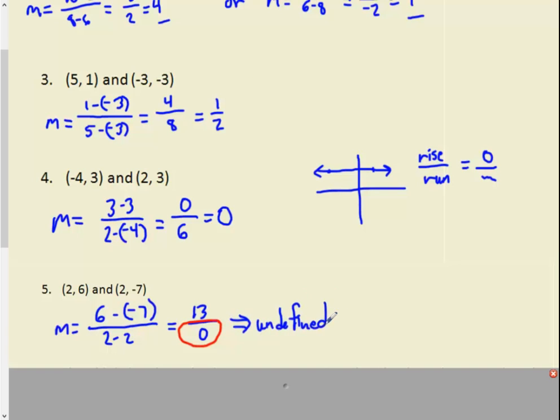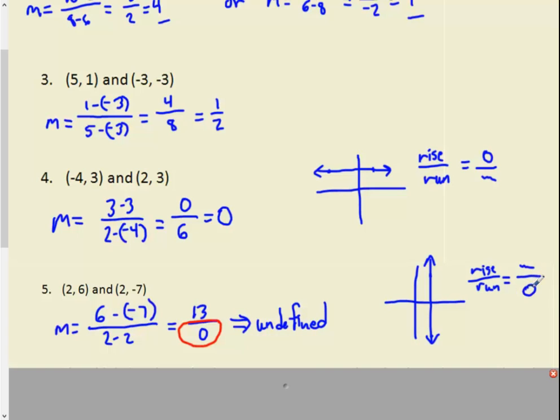Remember, we said at the beginning that this whole idea of slope works for non-vertical lines. But if you were to graph this, you would see that we actually have a vertical line. 2, 6, 2, negative 7. And so here, when you look at the idea of rise over run, pick any 2 points on this line, and we don't care what the rise is.